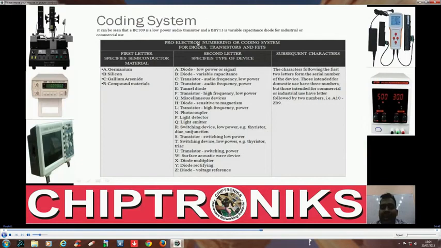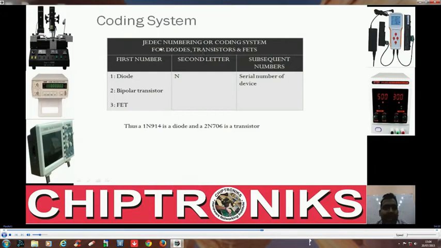This is an international coding system, and there are two types of coding system present in the world. One is the Pro Electron numbering coding system, and the other is the JEDEC numbering coding system.